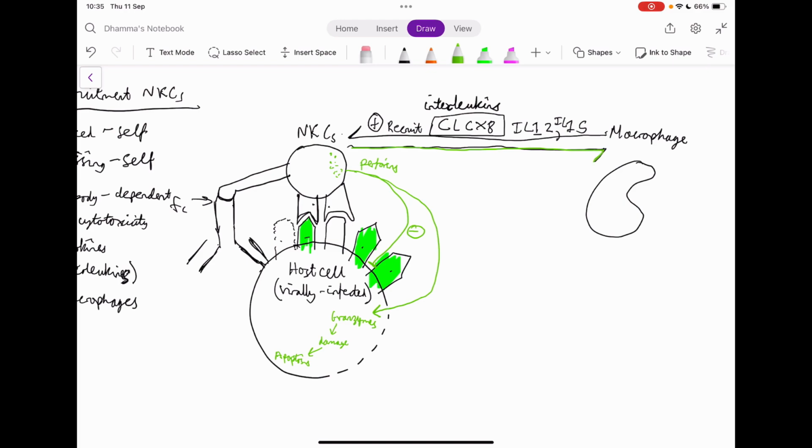So here, I'll use a different colour. They can actually activate more macrophage activity by releasing interferon gamma.